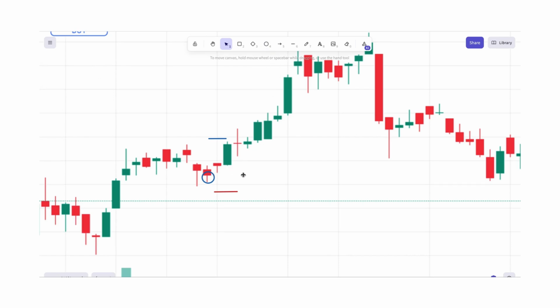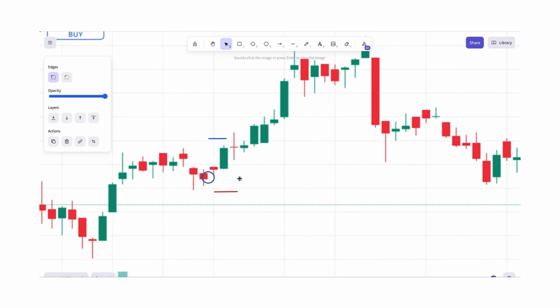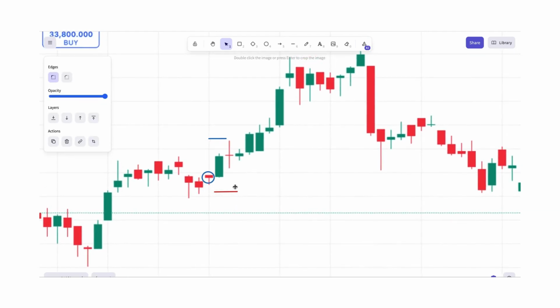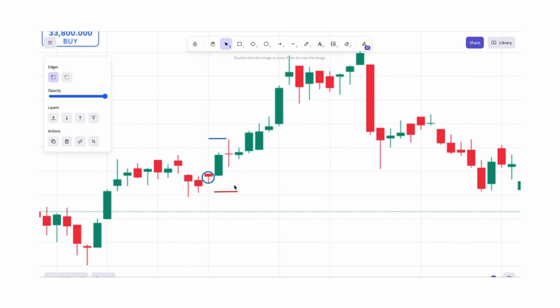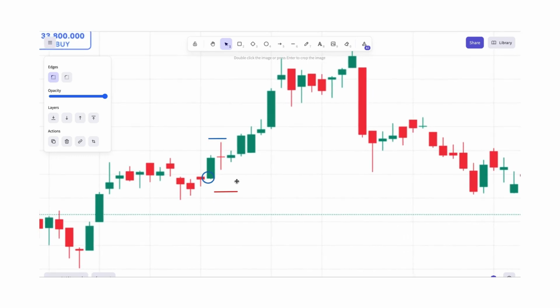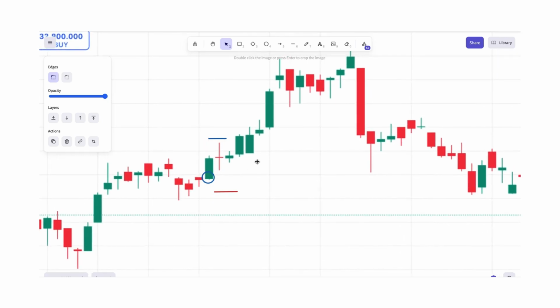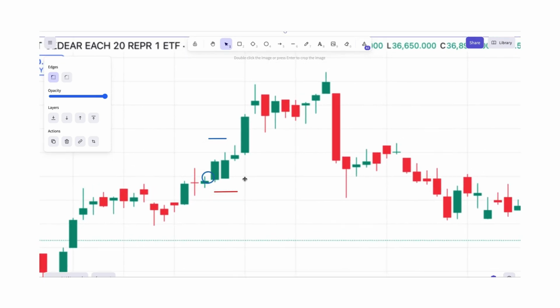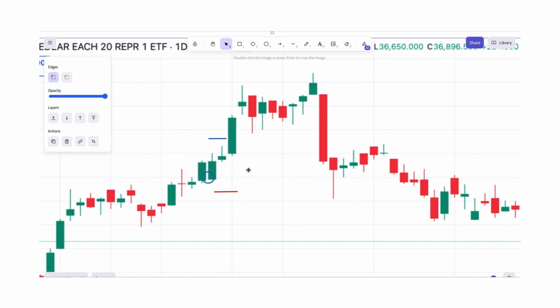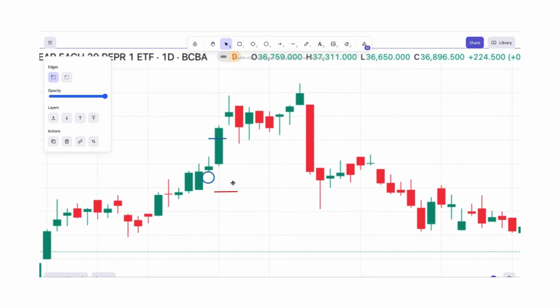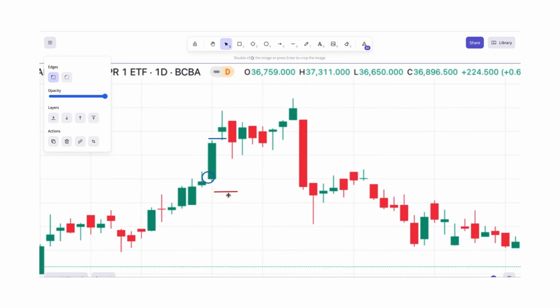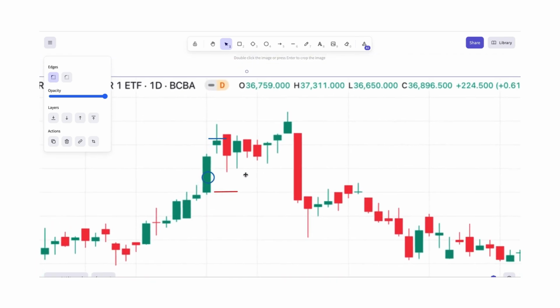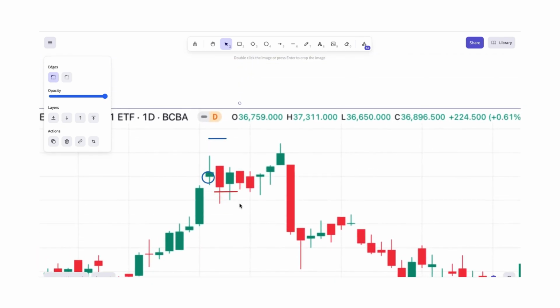So if we were to do the exact same thing here, let's say this is where we would end up at the end of this candle. And then at the end of this candle, we would end up somewhere here, and then so on and so forth. And then we would take advantage of this huge move here, and then we would move here. And then we would again take advantage of this huge move here.